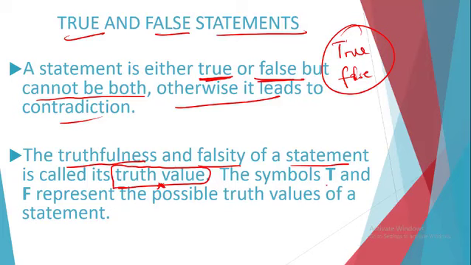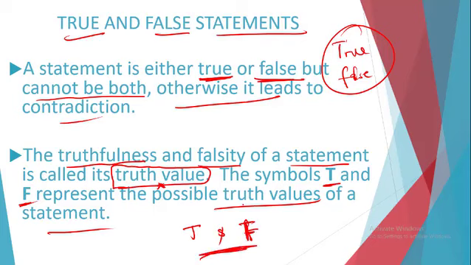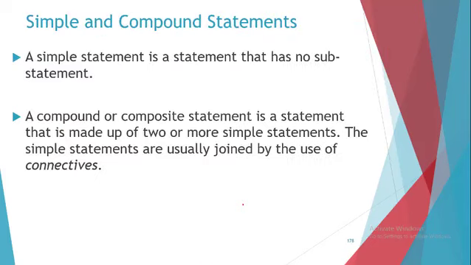The symbols T and F represent the possible truth values of a statement. Okay, let us now look at simple and compound statements.